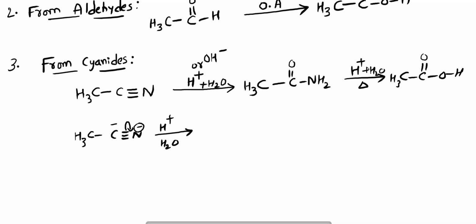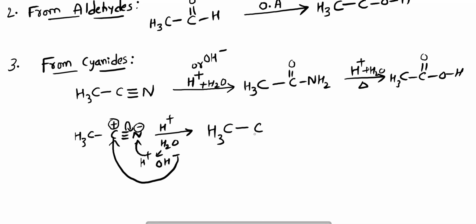Nitrogen gets negative charge, carbon gets positive charge, because of electronegativity. Water breaks as H plus and OH minus. So H plus attacks the negative, and OH minus attacks the positive. On the carbon we have an OH group, and the triple bond now becomes a double bond, because one bond is removed. On the nitrogen, hydrogen is attached.